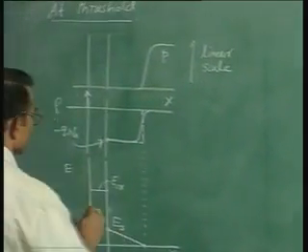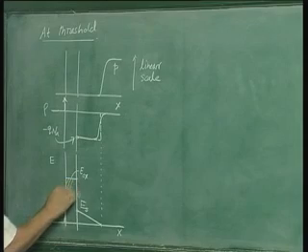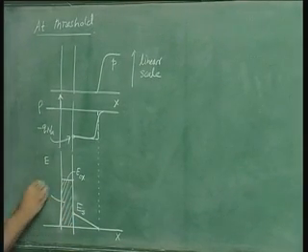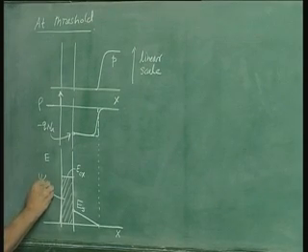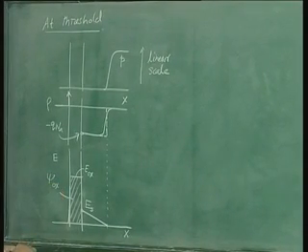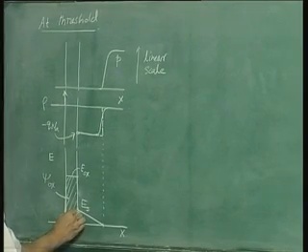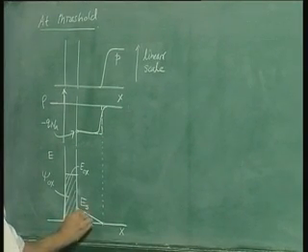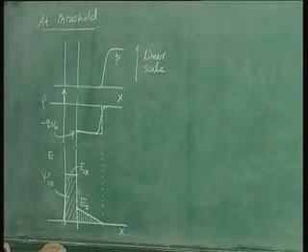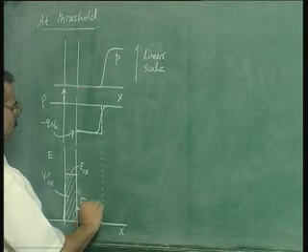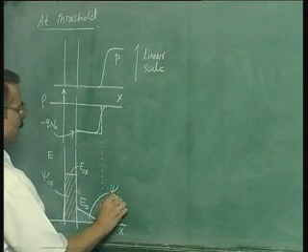So here this area is the voltage drop across the oxide, that we will indicate as psi ox. On the other hand, this area is the voltage drop across the semiconductor, and this we will denote psi s.